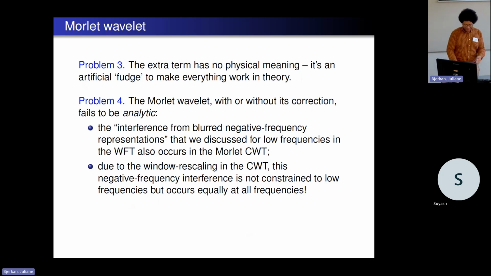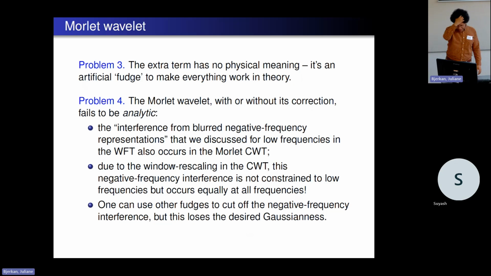From that point of view, that makes the wavelet transform worse than the windowed Fourier transform. Now, one can use additional fudges to the Morlet wavelet to cut off negative frequency interference, but this loses the desired Gaussianness.